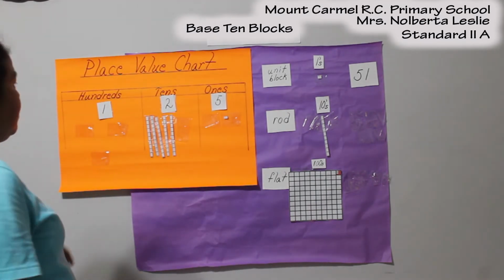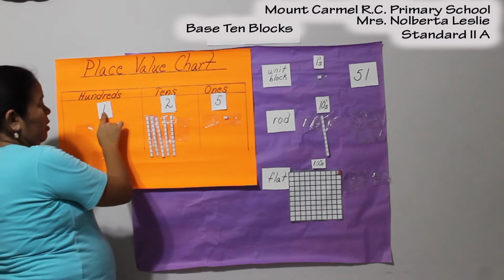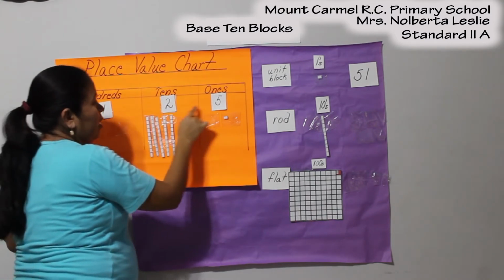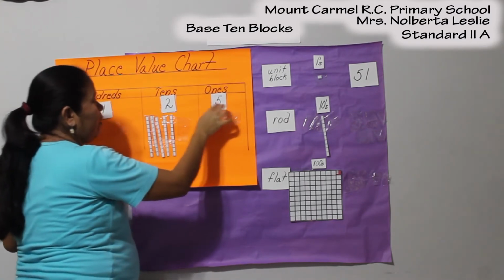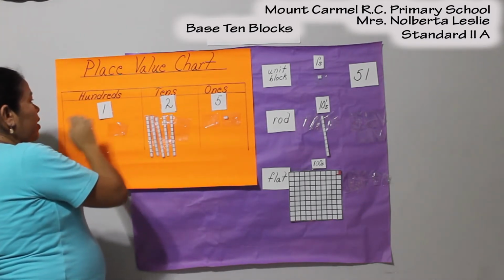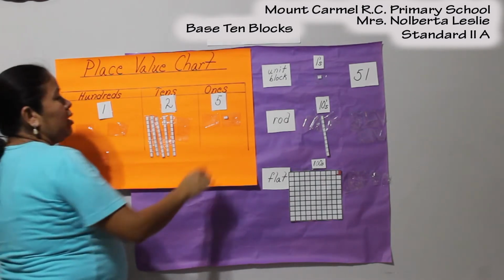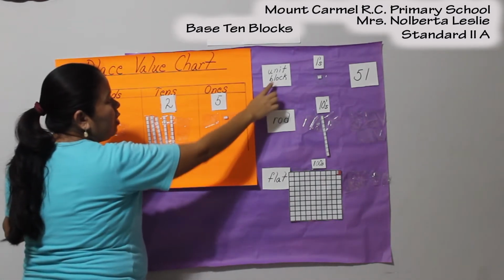Now, how much is this? How do we read this number? 125. How many ones do I have? 5. How many tens? 2. How many hundreds? 1. Now, here I only have 1 unit block.